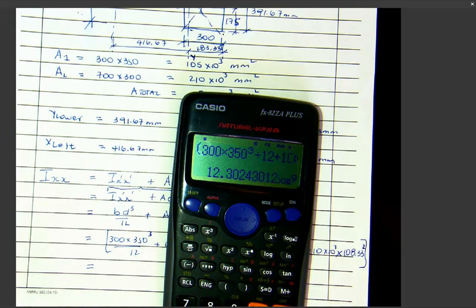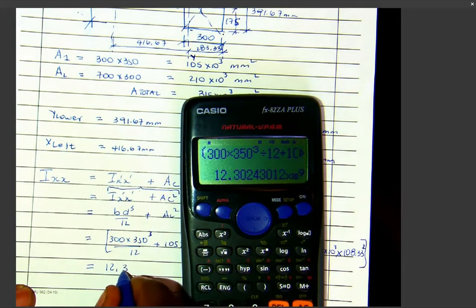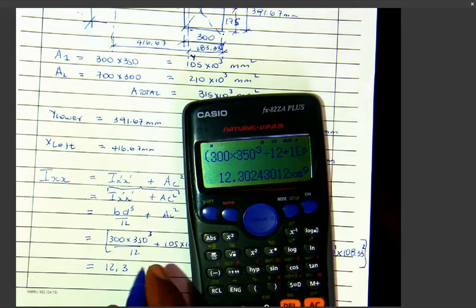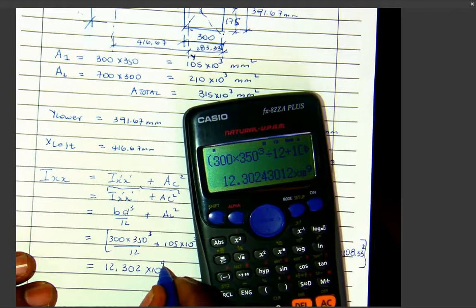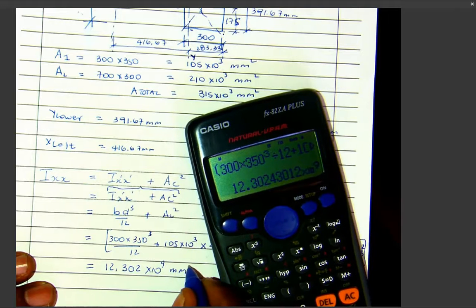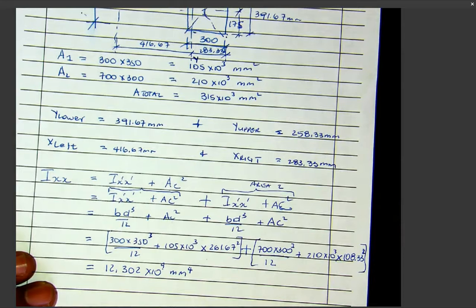So this is 12,302 times 10 to the power 9 millimeters to the power 4. Those are the units for IXX and for IYY.